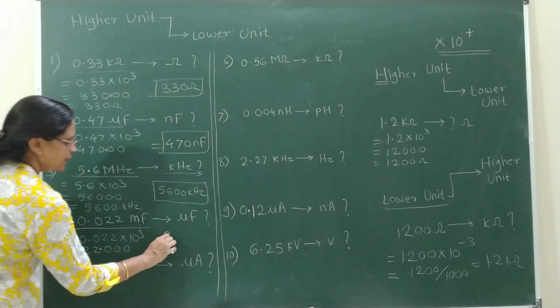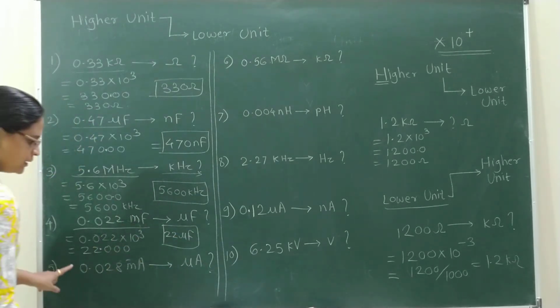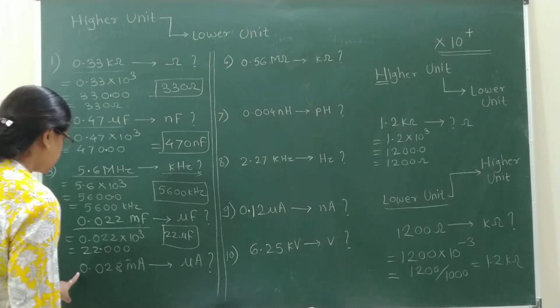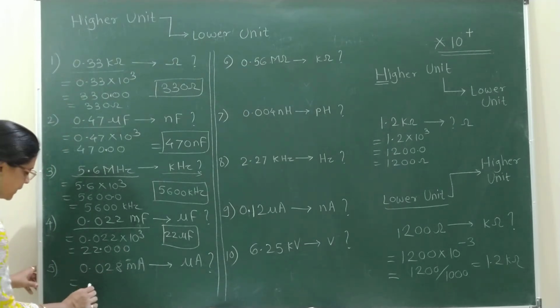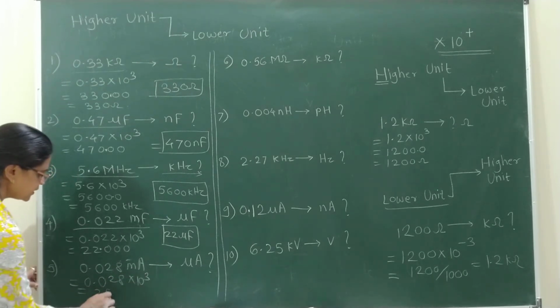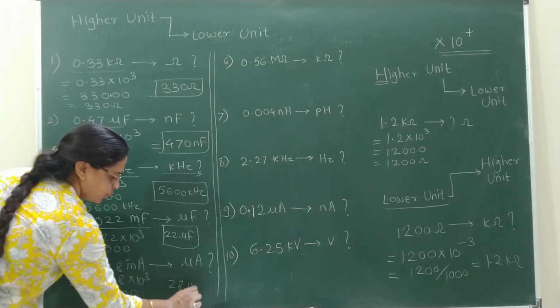Here it shows 22 microfarad. Then the next example is 0.028 milliampere to be converted into microampere. So 0.028 into 10 raised to 3, which makes it 28,000 and then 1, 2, 3, that is 28 microampere.